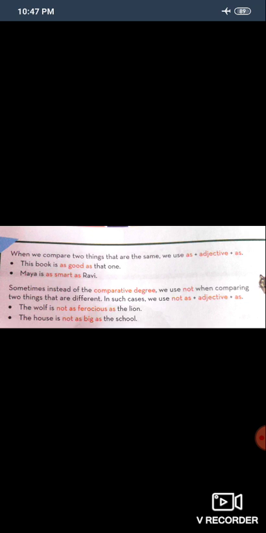That means we compare the house with the school, which is a different thing, so we use not. In the first sentence we compare the wolf with the lion, which are different. So we write not as plus adjective plus as, like: The house is not as big as the school. So these are all the three types of comparison: the positive degree, the comparative degree and the superlative degree.